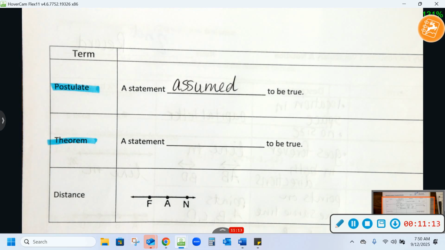So the very first one I'm going to show you, and you don't have to write these words, I'll draw the picture for you, is called the segment addition postulate. And when I show this to you, you're going to say, why has that never been proven? That's so easy.